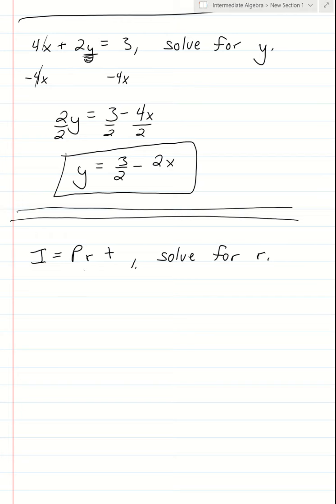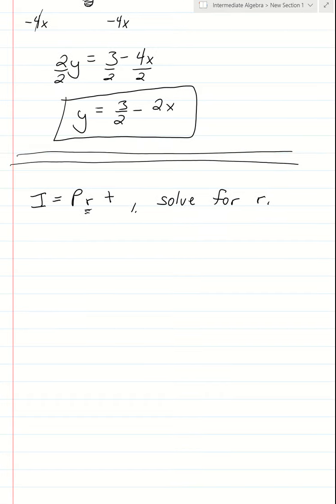I want to get the variable R all by itself. Well, we can do so in one quick step. I look at what's happening with the R. The R is being multiplied with P and with T. And to eliminate multiplication, what do we have to do? We have to divide. So I'm going to divide both sides by PT.